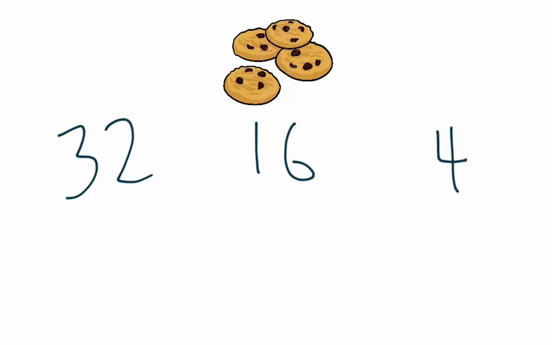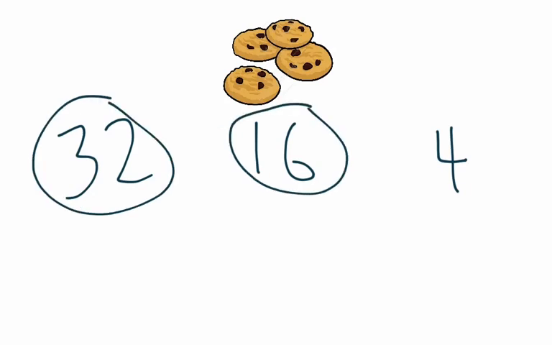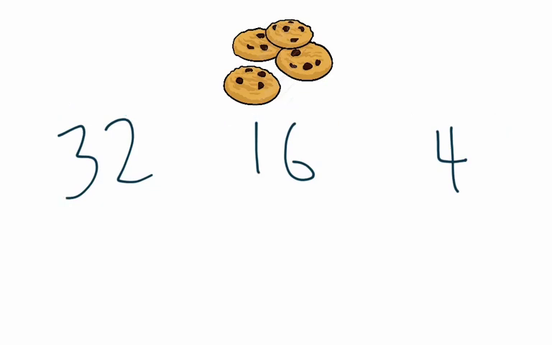Okay, so now once you read that, that's kind of like a word problem that we've just created, where someone makes 32 cookies, then they make 16 cookies, and then they're going to put them in bags of 4. Okay, so now what we're trying to figure out is, how many bags are we going to have? Well, now what we need to do is figure out how to use these numbers.